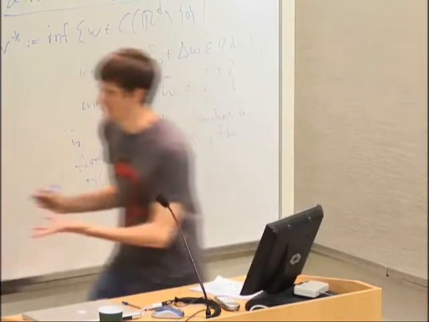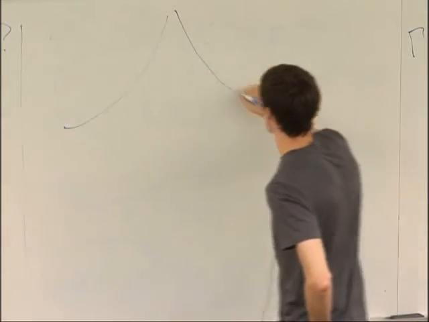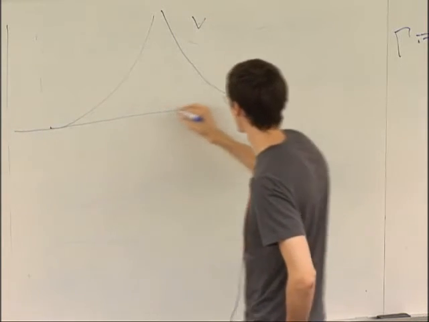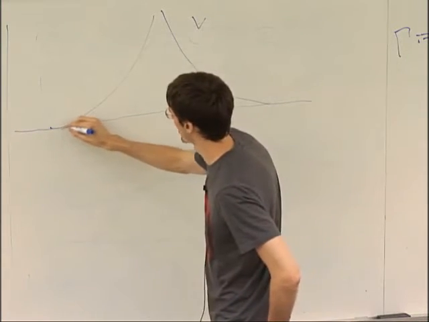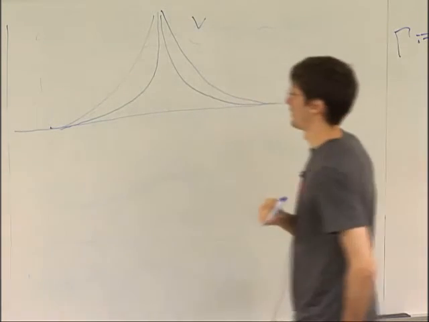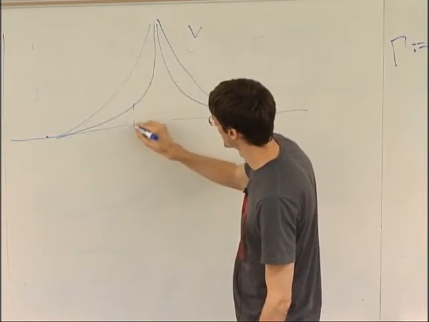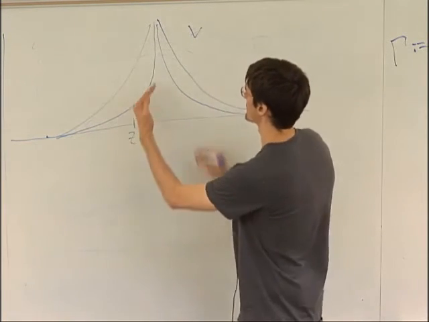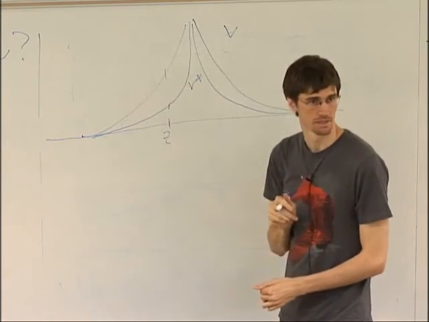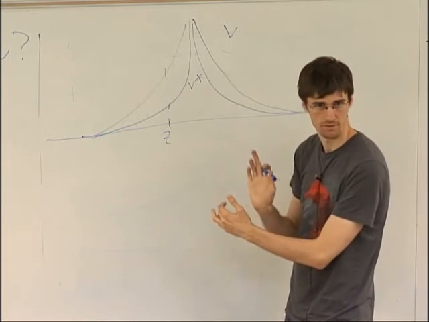Okay, so what's the picture? We have our V sitting here, and somehow V star has managed to get below it, so V star is coming in here like this. But in order for this to happen, there has to be some point, let's say right here, where V star is curving up more than V above it, because if it weren't, the inequalities would have to go the other way.